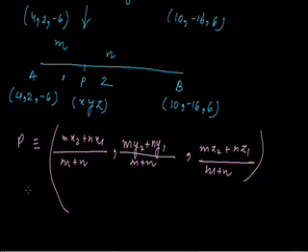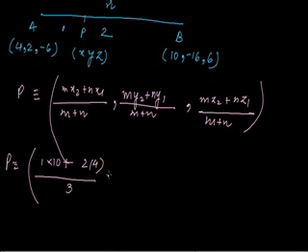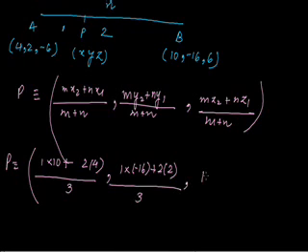Putting the values, m is 1, so 10 plus 2 into 4 upon 3, comma 1 into minus 16 plus 2 into 2 upon 3, comma 1 into 6 plus 2 into minus 6 upon 3.